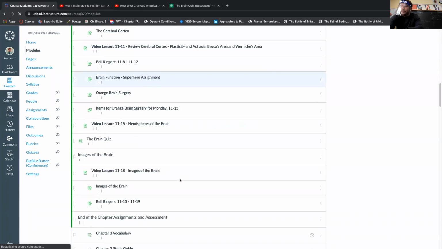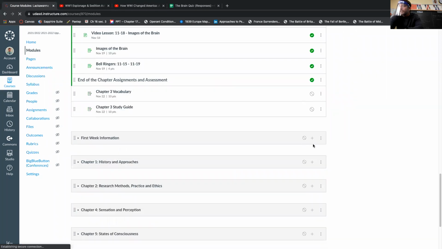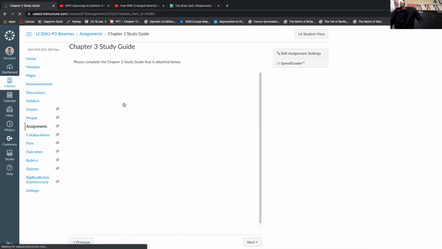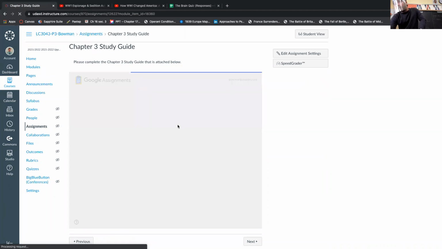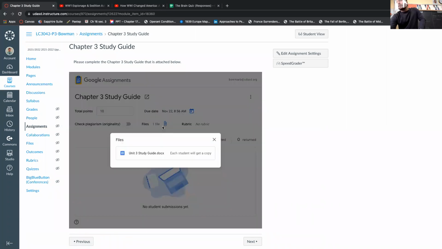Okay, so here at the bottom, I'm going to publish the vocab, so you guys can turn that in. So you attach the vocab, and the study guide is posted now. With the study guide, you don't have to fill out the whole thing. Obviously, there are some terms on there I'd like you to know. I think it's important that you know some of these terms that are mentioned on this test.